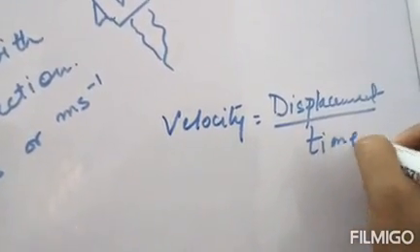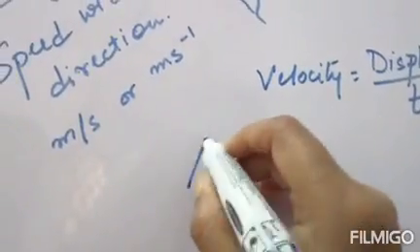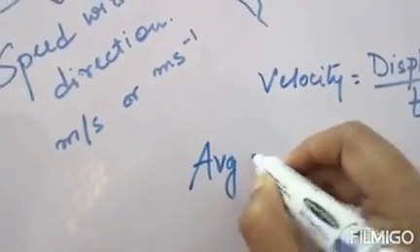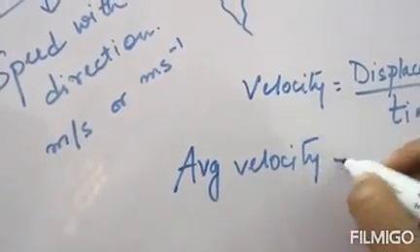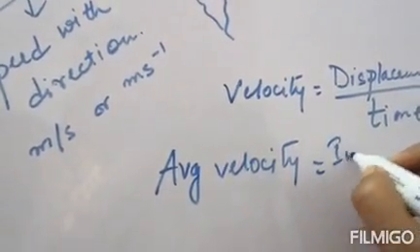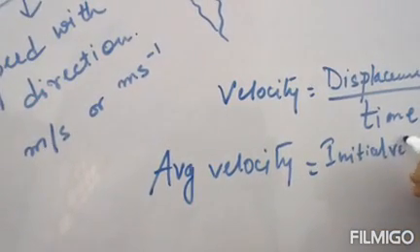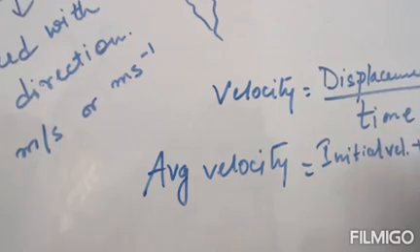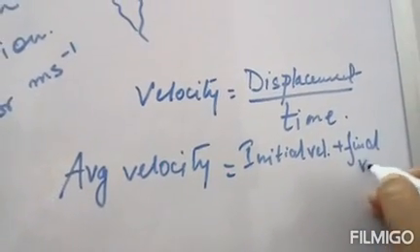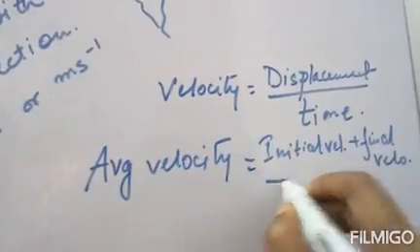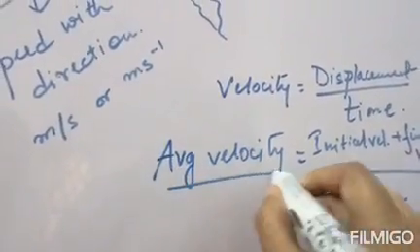Displacement by time gives us velocity. And how to find average velocity? Average velocity will be initial velocity plus final velocity by 2.